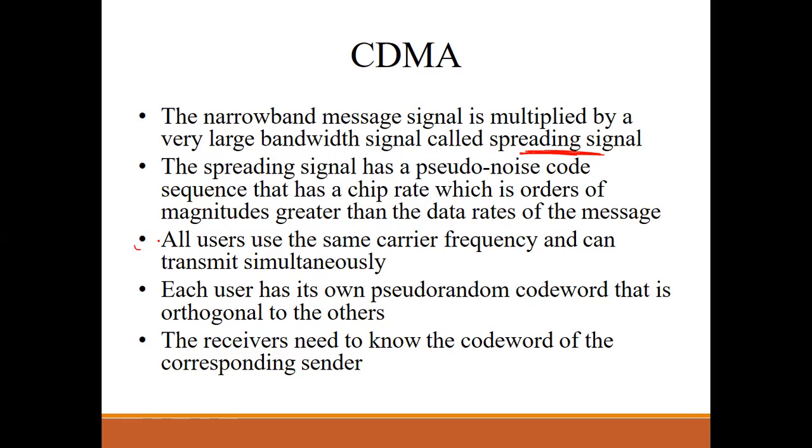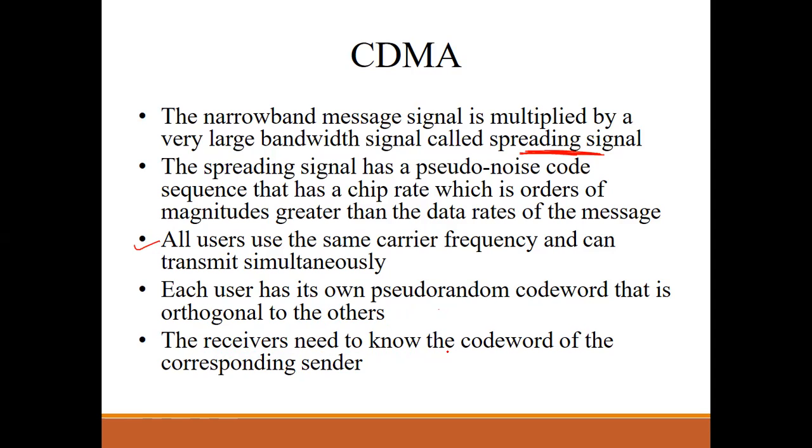Next, all the users use the same carrier frequency and can transmit simultaneously, and each user has its own pseudo random code word that is orthogonal to the others. As one pseudo random code is orthogonal to the other, the different users can be differentiated easily. The spreading signal is a pseudo random noise sequence with a chip rate.